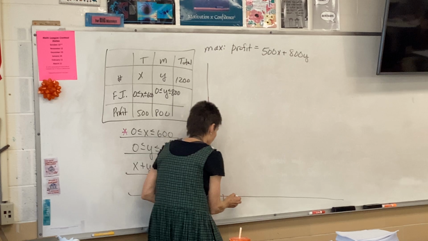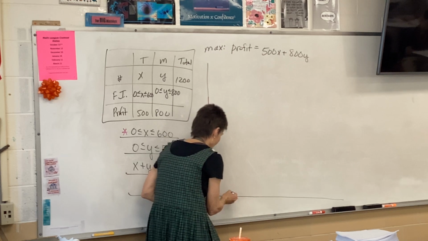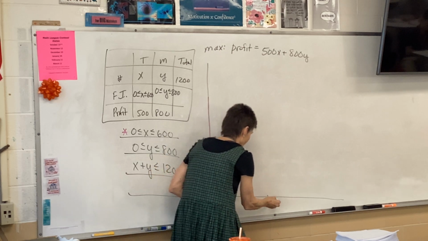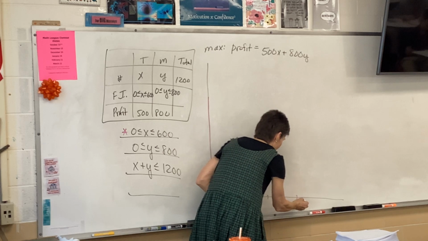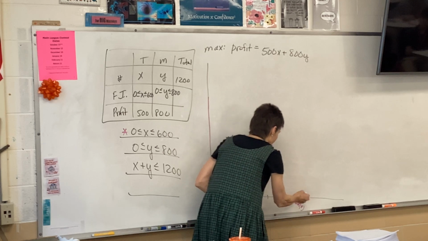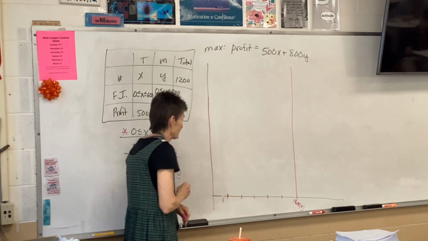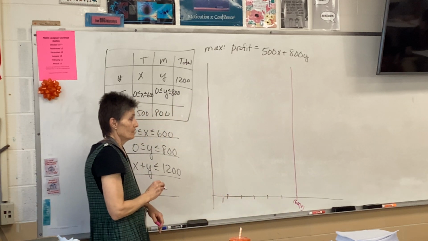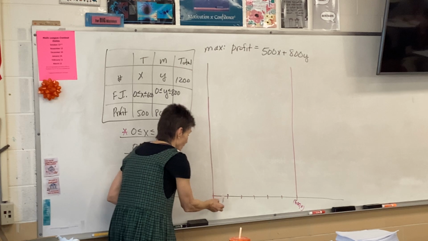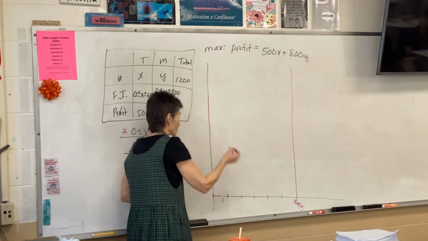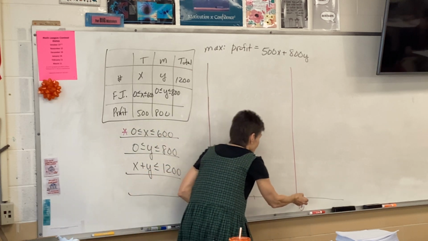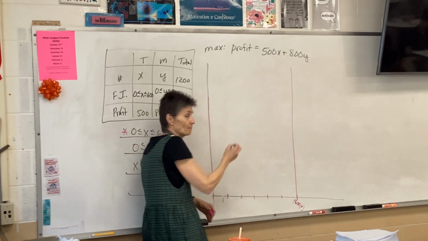So 1, 2, 3, 4, 6. So here's my 0. I just make my line all the way up. When I do my hash mark, I just extend it all the way up.